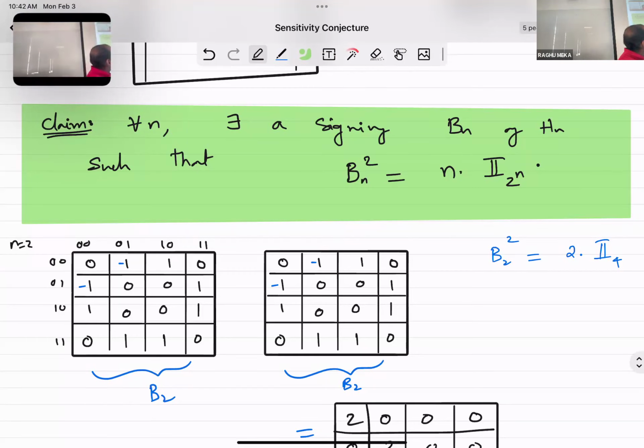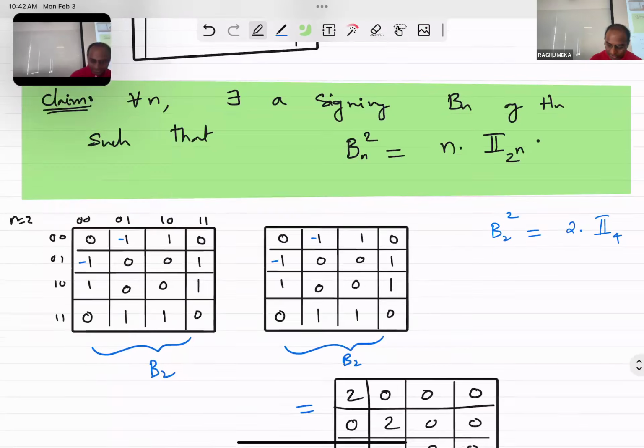If I tell you that the square of this matrix Bn is n times identity, what can you tell me about the eigenvalues of Bn? They have to be square root n in nature, right? So remember, when we square a matrix, what happens to the eigenvalues? The eigenvalues get squared.